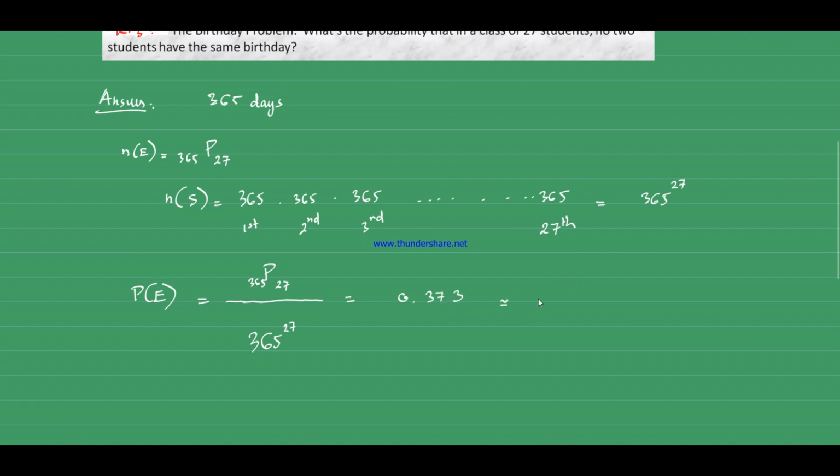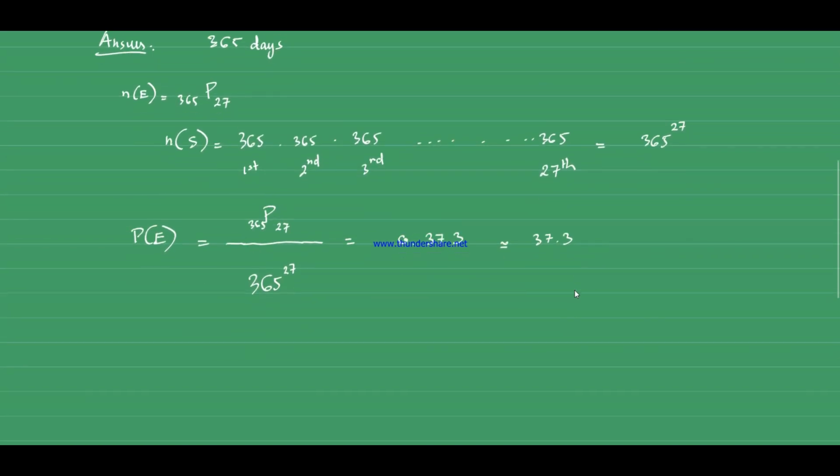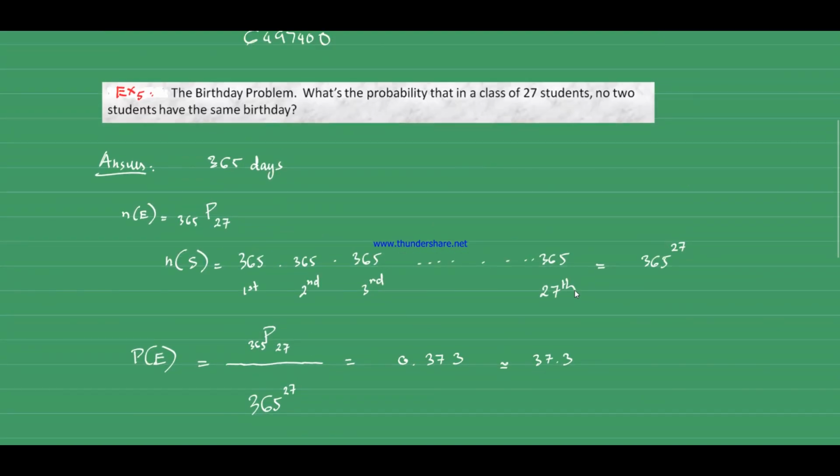So if you convert it to a percentage, 37.3% chance to get a class of 27 students, and none of them have the same birthday. 37.3%. Okay, good.